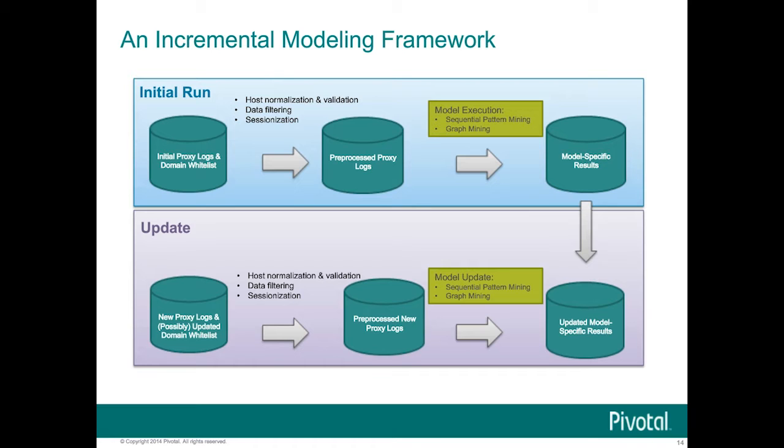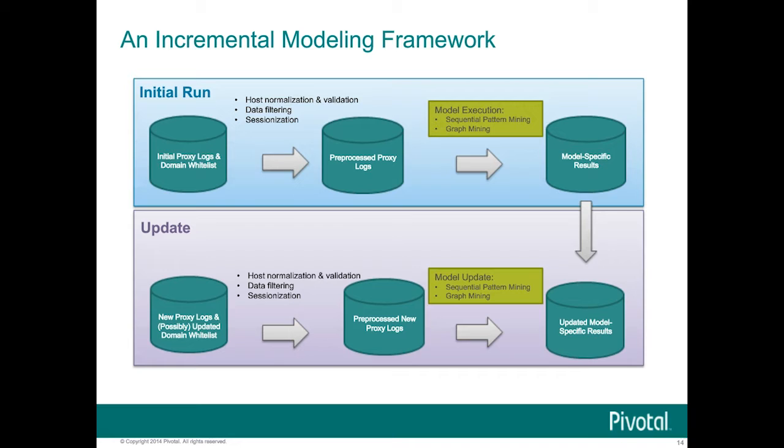Given new data, either weekly data or monthly data, there's an update step. That is, we again get the new proxy logs and updated domain whitelist, and we do the same pre-processing techniques: hostname normalization, data filtering, and sessionization. When we get the new pre-processed logs, we do a model update, that is, apply the same algorithms, sequential pattern mining and graph mining.